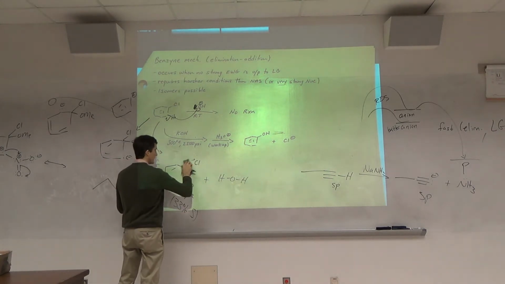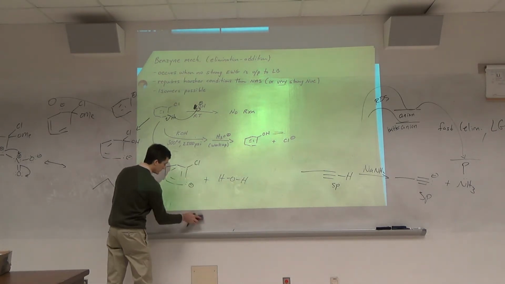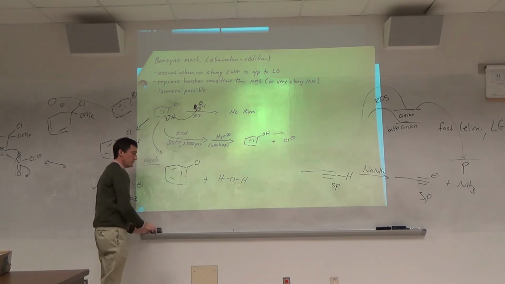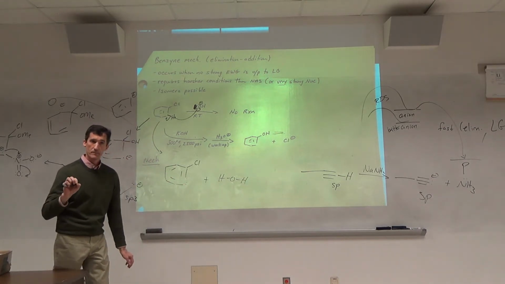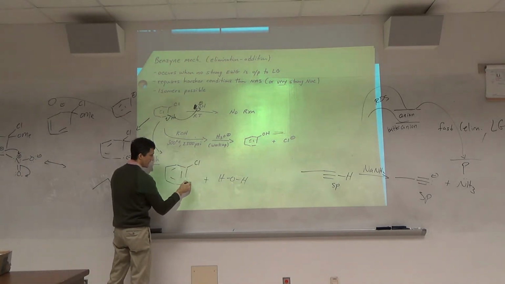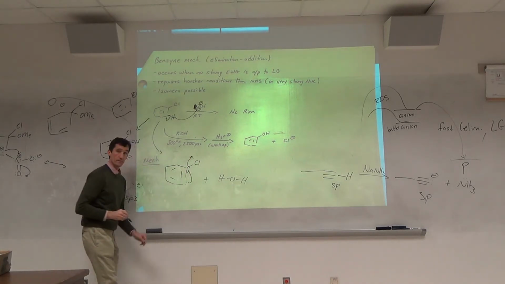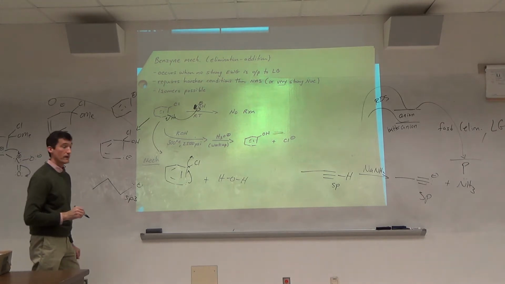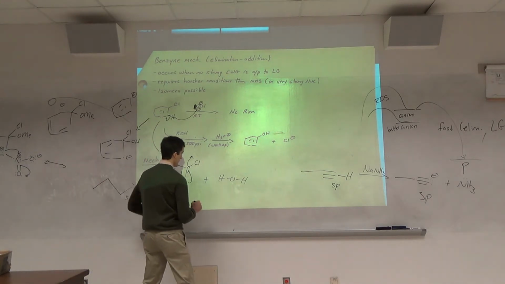Now, what can we do from here? Well, here, what's known, this is the mechanism that's pretty much been proven. At this point, this can move in and kick that off. And what does that give?